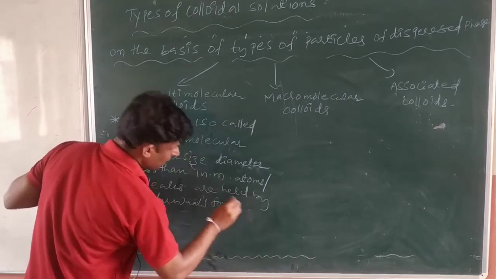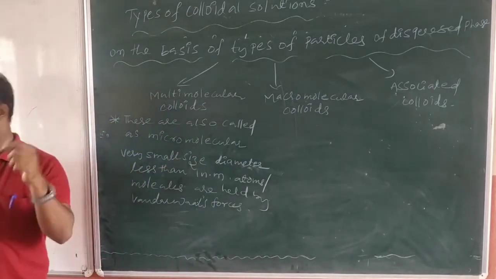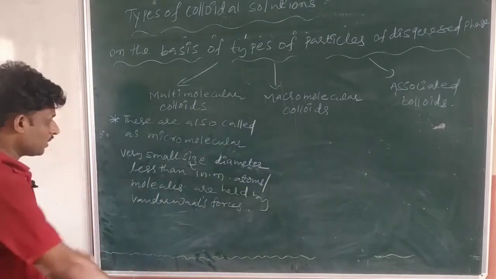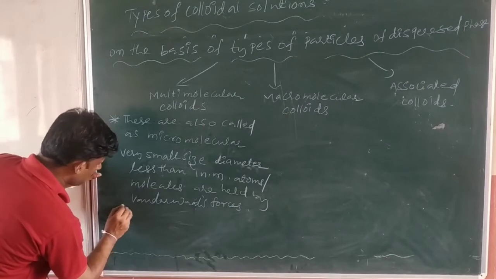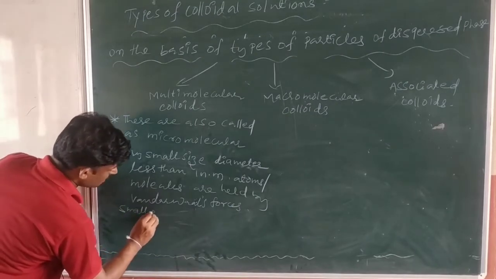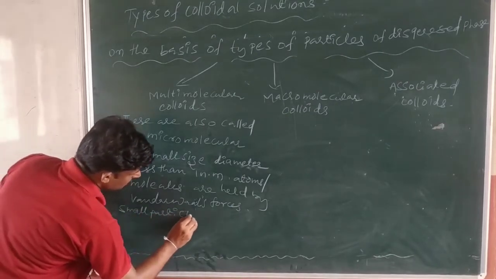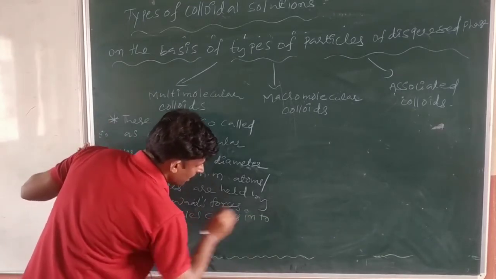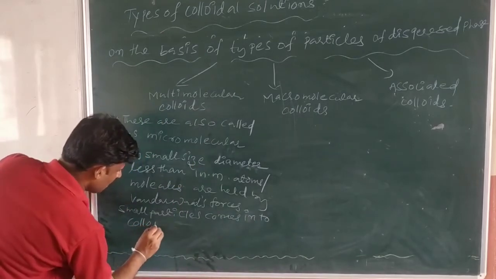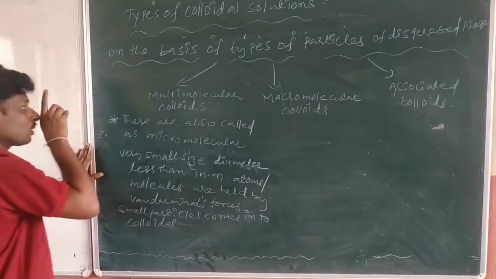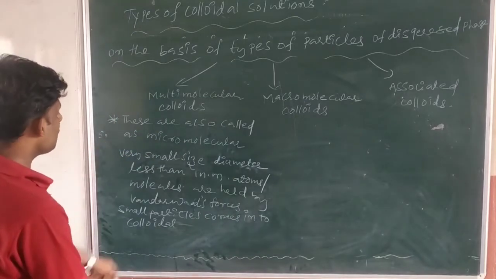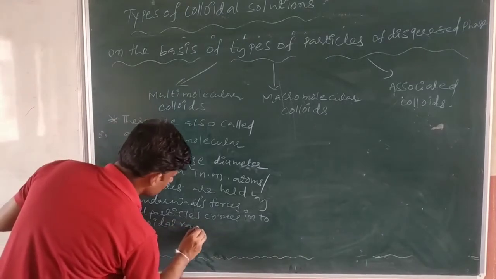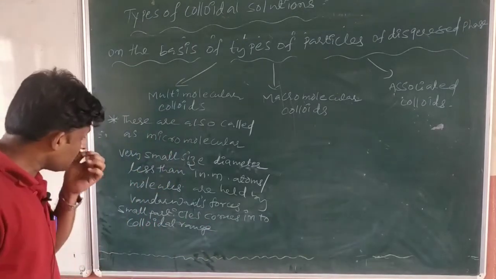Means these small sized particles come into the colloidal range. So these are called multimolecular colloids or micromolecular. Molecular size is very small, so that's why the colloidal range is formed by the small particles.